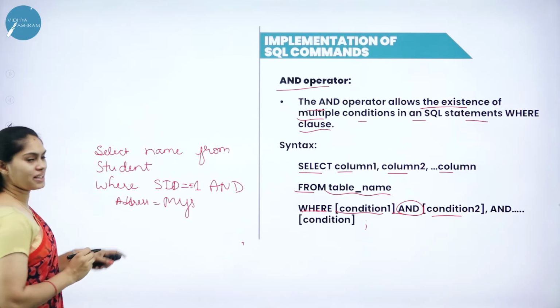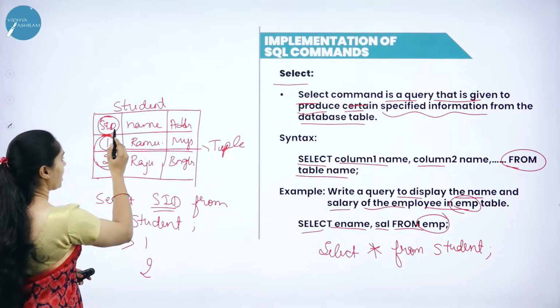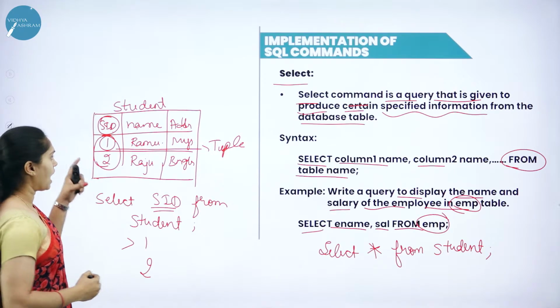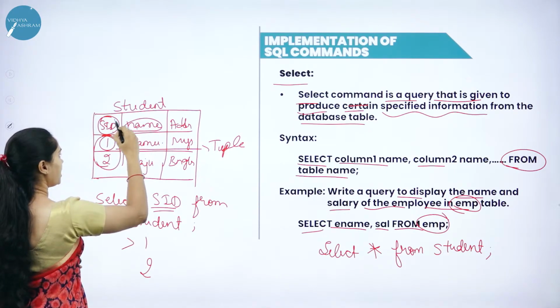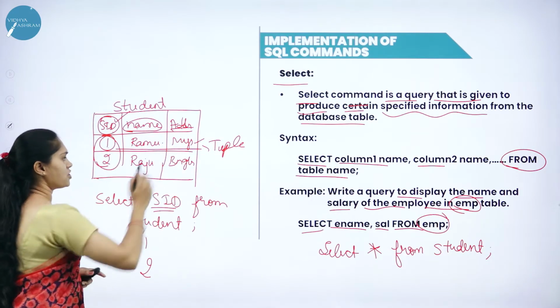So what name will it display as a result? You can see here we have student ID, name and address in the student table. What I am fetching is a name where student ID needs to be equal to 1 and the address needs to be equal to Mysuru.